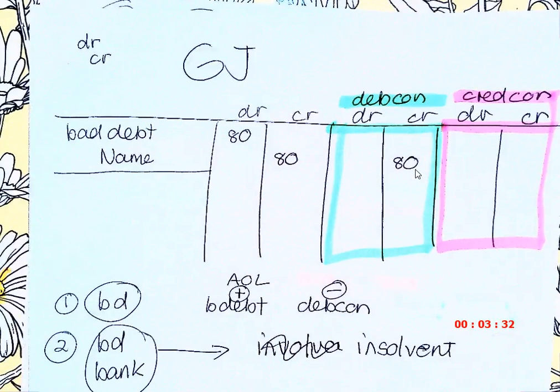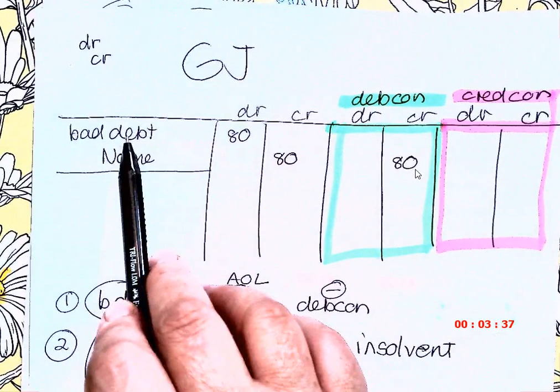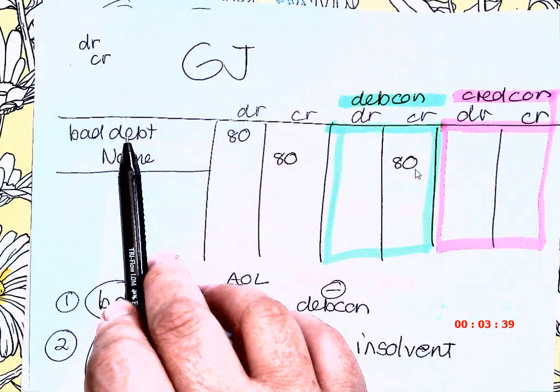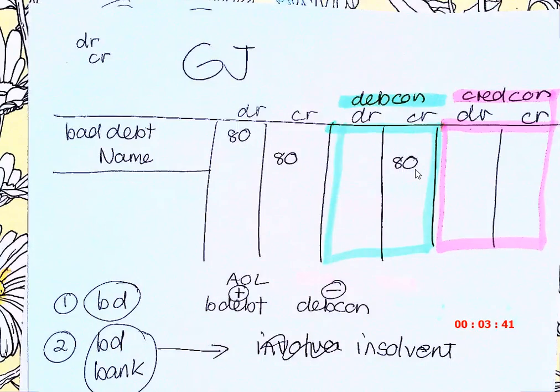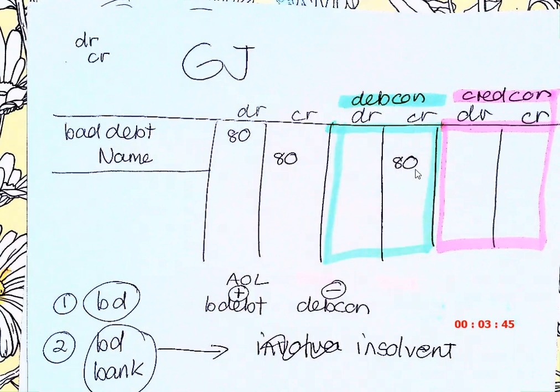Remember, this is a legal thing. So then what happens is I'm going to do the bad debt for the amount that's written off. And I'm going to do the normal CRJ for the amount I receive because I'm going to get some of the money and the rest I must bad debt.